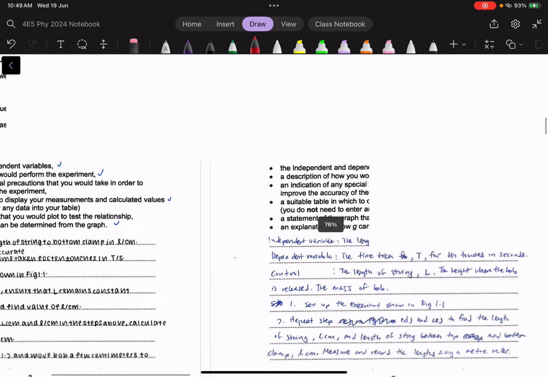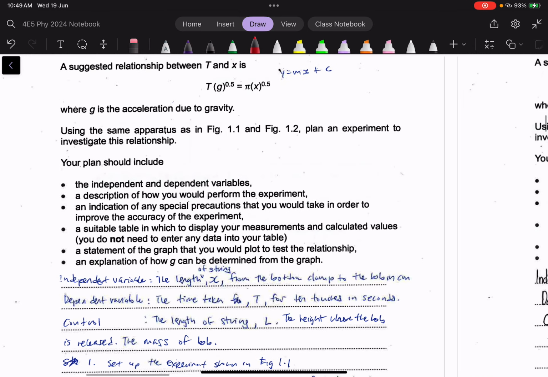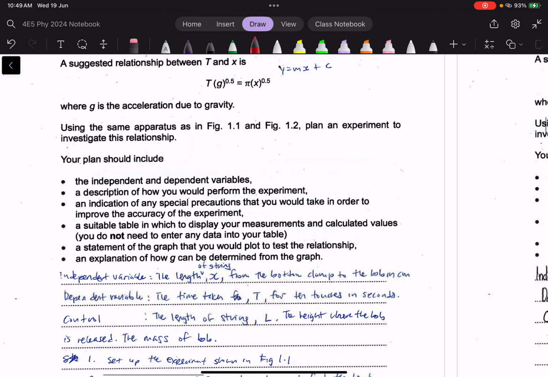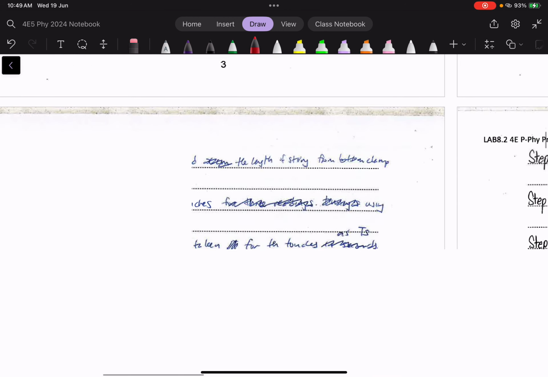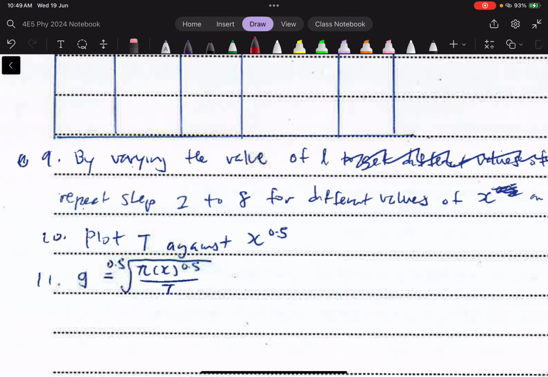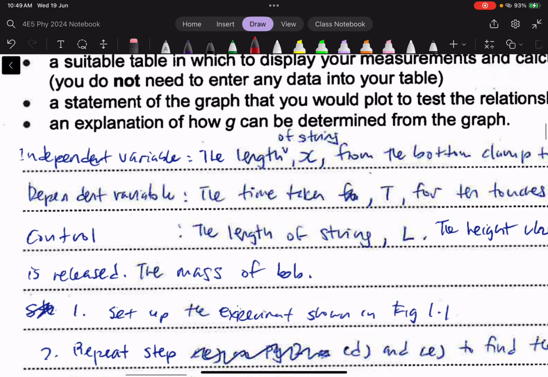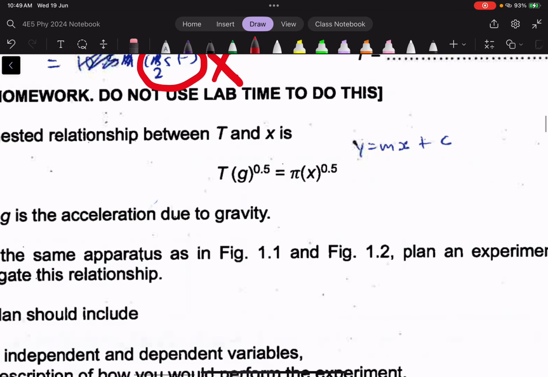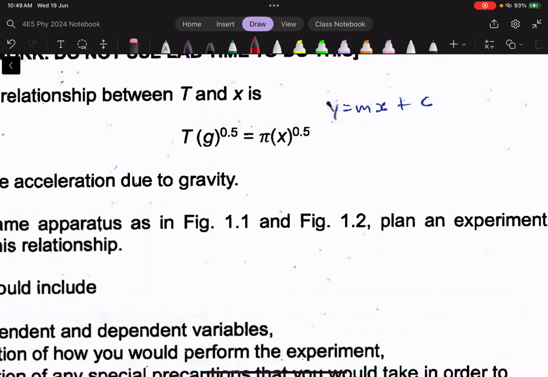Okay, then let's look at her classmate's one. Classmate here didn't provide much calculation, so let's take a look at her last step. She is plotting t versus square root of x. So most likely her approach is simple. Just group everything to the other side. So for her, she turned this into t square root g equals pi square root x. I didn't change anything.